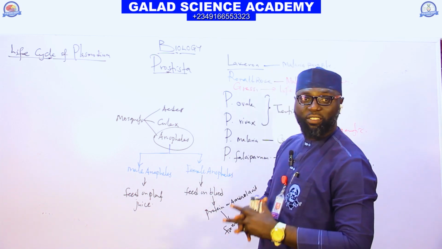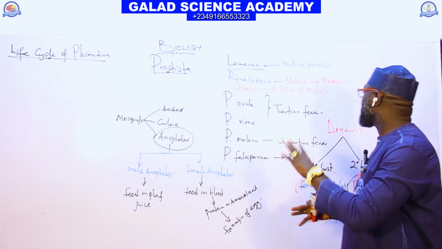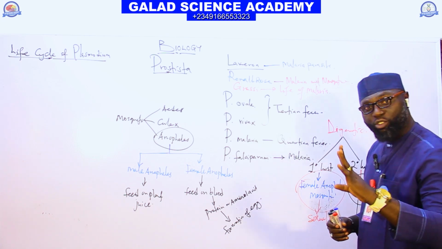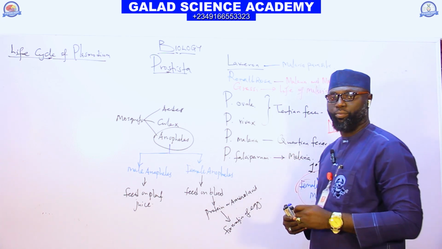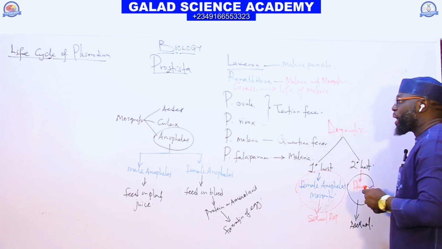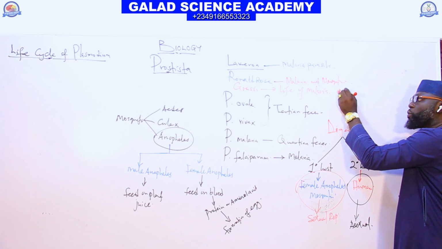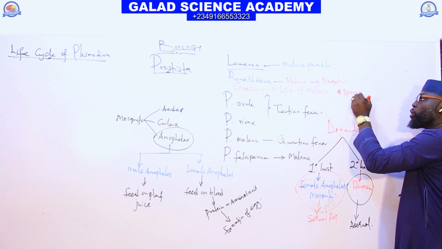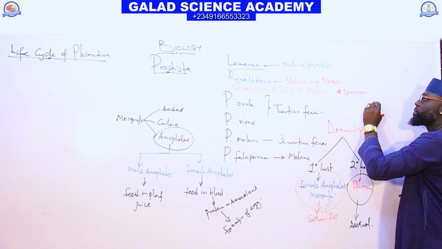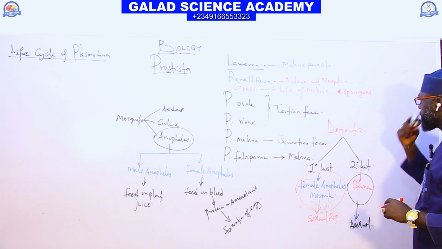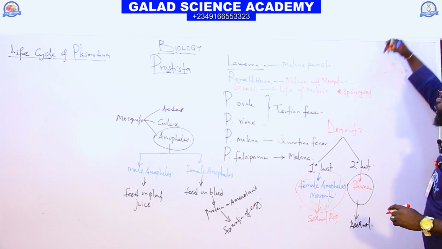If you look at the life cycle of Plasmodium, let me establish this part too. It's comprised of 3 stages. For my own class, I will start from what we call sporogony.